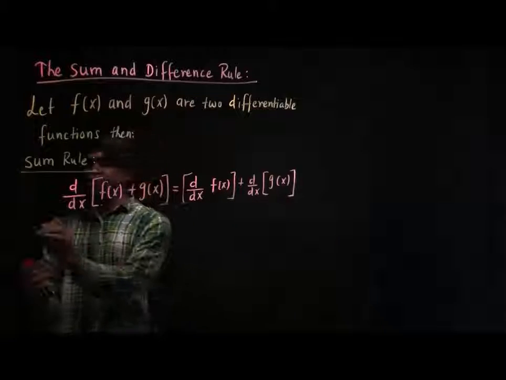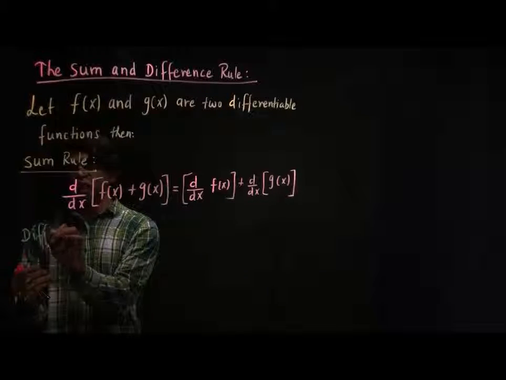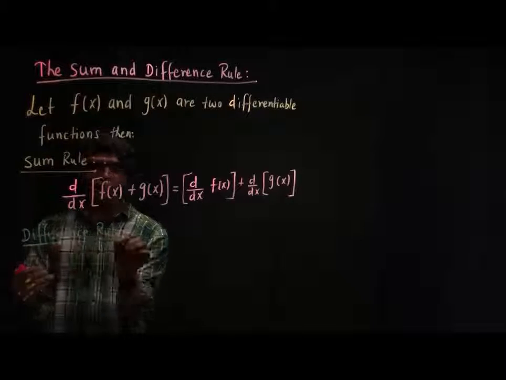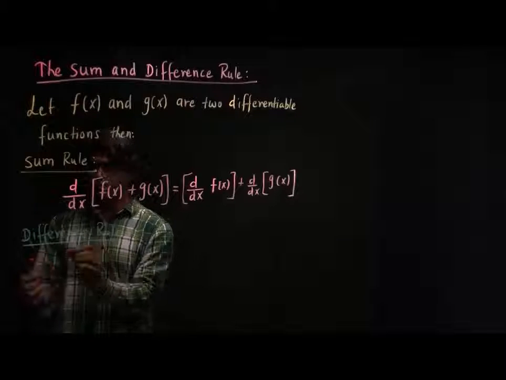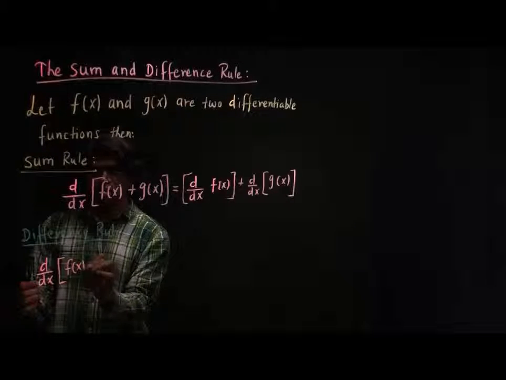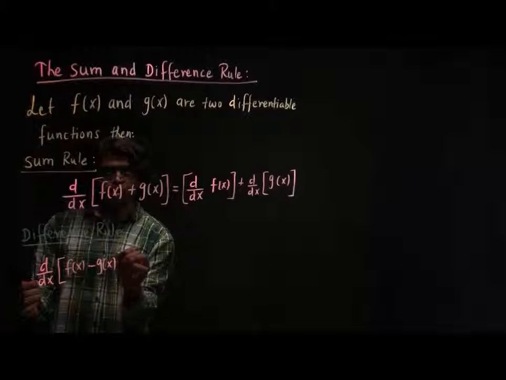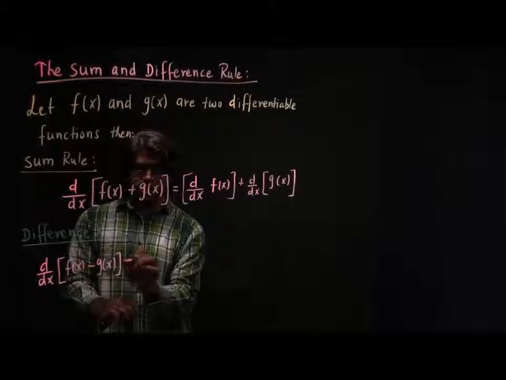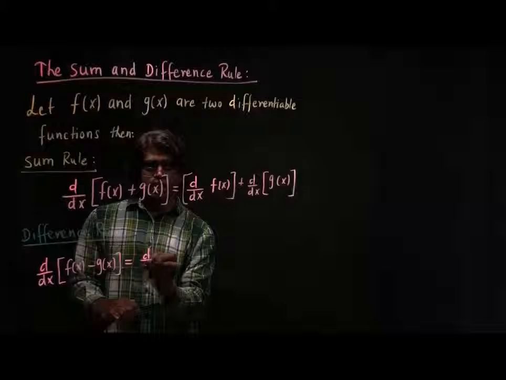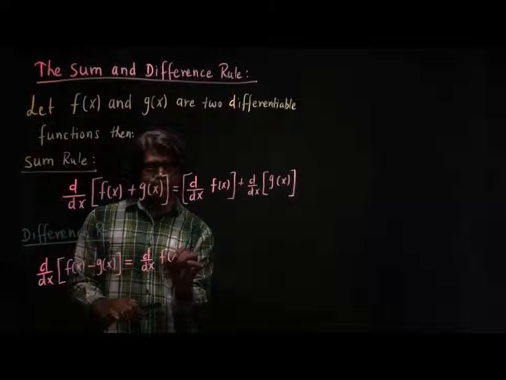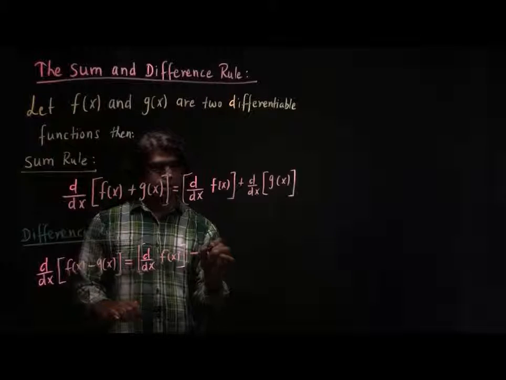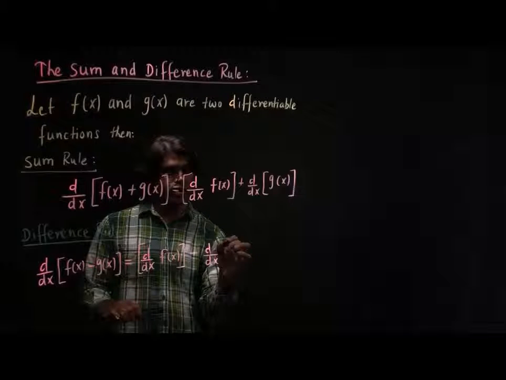Now let's talk about the difference rule. So the difference rule is, if I want to find the d by dx of f(x) minus g(x), I'm going to distribute d by dx inside and I will write d by dx of f(x) minus d by dx of g(x).